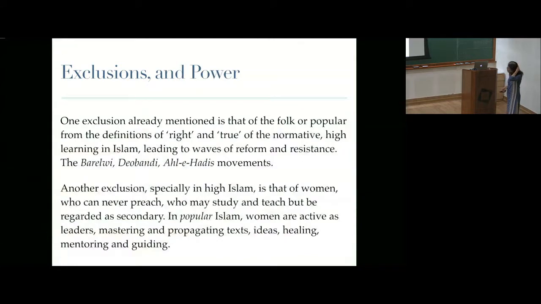So what are the exclusions here, and how does power work within this knowledge system? I've already mentioned that you could look at the popular as something targeted by the normative. It is targeted. There are waves of reforms, three of them being the Barelvis, the Deobandis, and the Ahle Hadith movements. Each of them has a literature of its own.